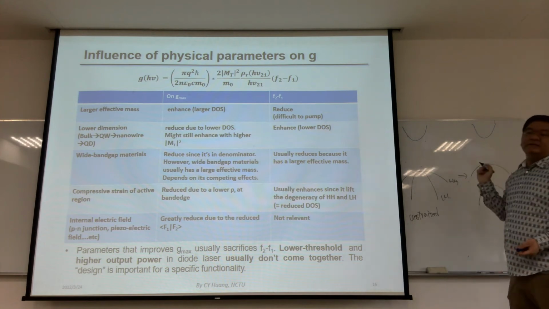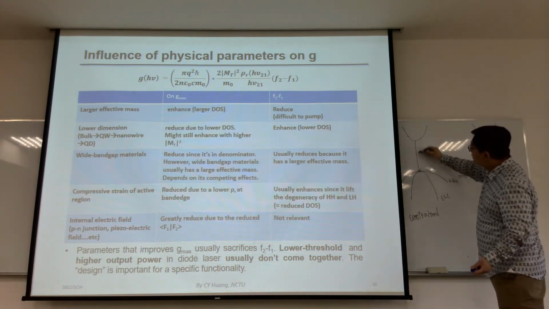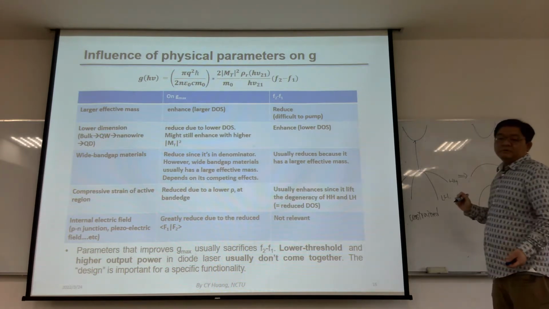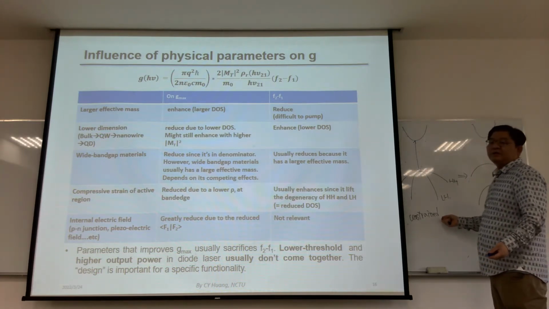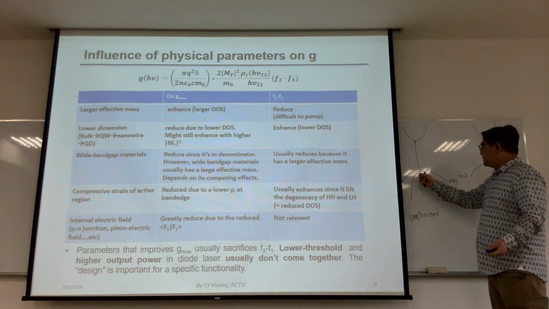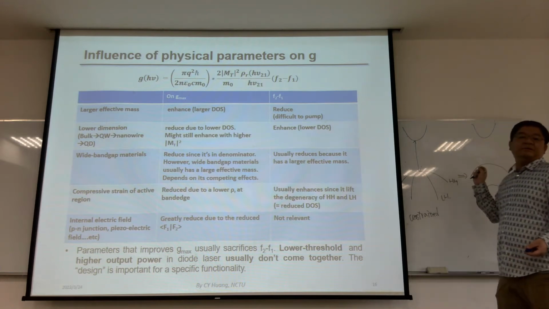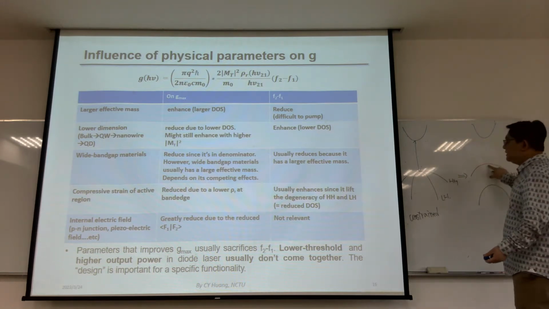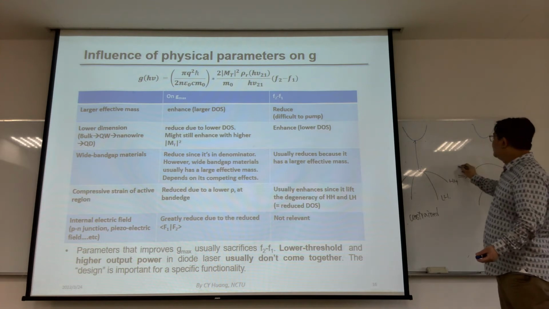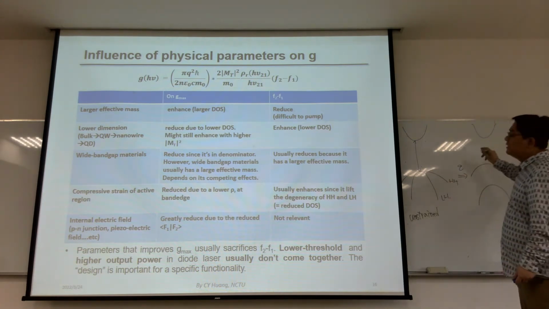Okay, then this is easy. So at the band edge, for the unstrained case, the density of states in the heavy hole and the light hole all count. But when they split due to the strain, these two differentiate.